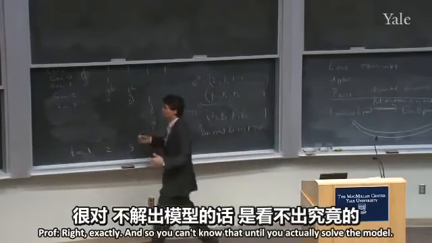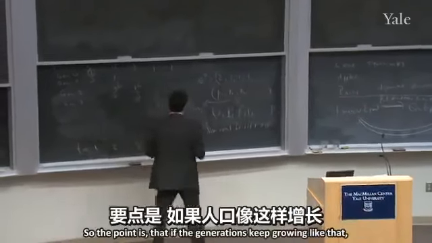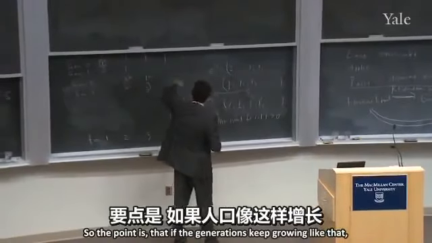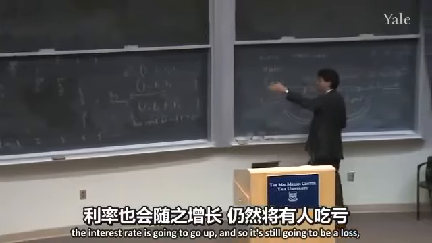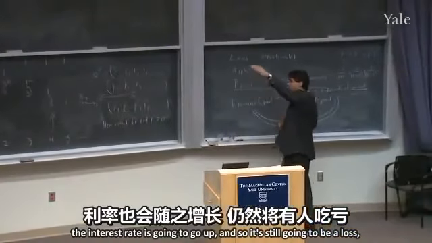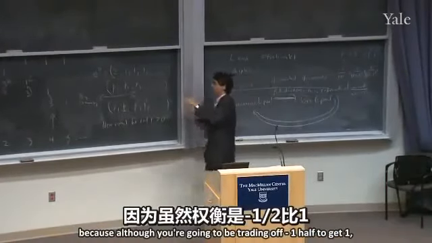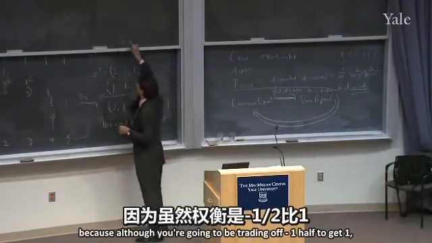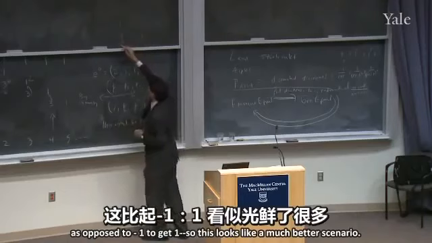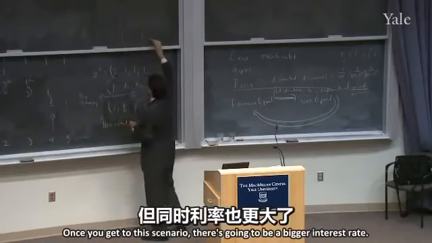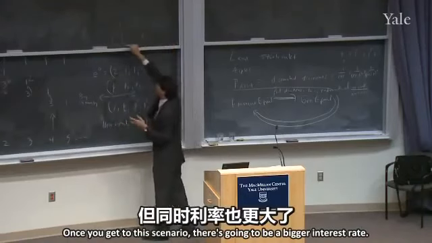And so you can't know that until you actually solve the model. So the point is that if the generations keep growing like that, the interest rate is going to go up, and so it's still going to be a loss because although you're going to be trading off minus a half to get 1 as opposed to minus 1 to get 1, so this looks like a much better scenario, once you get to this scenario, there's going to be a bigger interest rate.